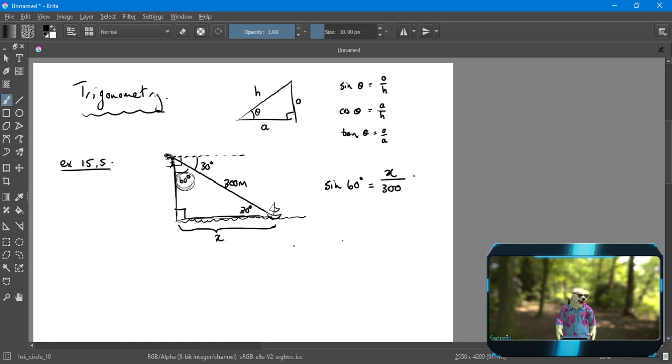So now I have to solve for x. I can do that by multiplying both sides by 300 to get x equal to 300 times the sine of 60 degrees. And for the level of our questions, there's no harm in keeping things in degrees. Our discussion about radians was just for awareness, really.